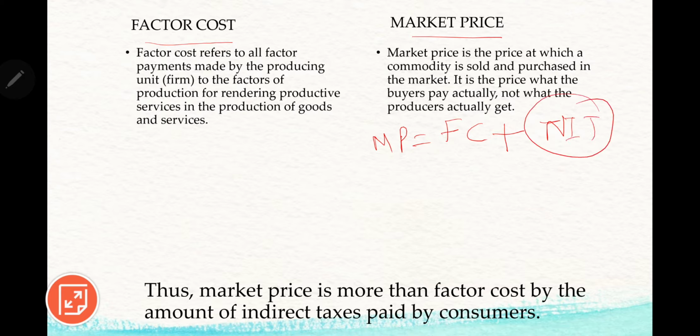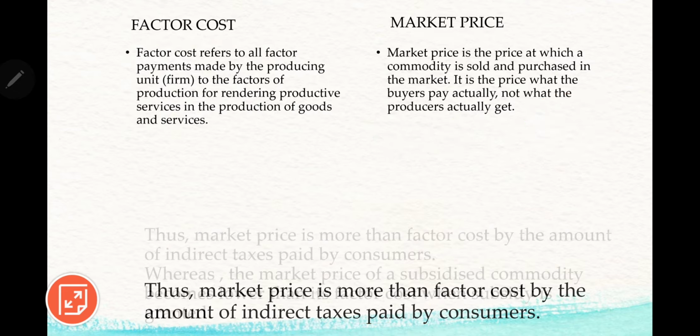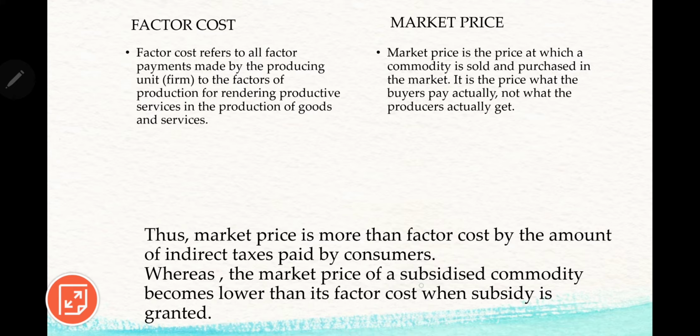going to study now. Market price is more than the factor cost by the amount of indirect taxes paid by the consumer, whereas if some goods are sold at a subsidized rate, in that case market price will be lower than the factor cost.